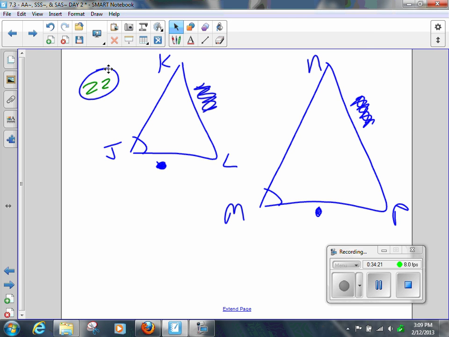Okay, look at it. Start at one place or the other. If I started here, it would be side, side, angle. If I started here, it would have been something we don't say. There is no theorem. There is no postulate for that. We put the squiggle in the line. Why?